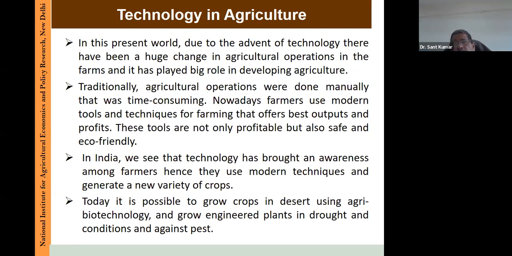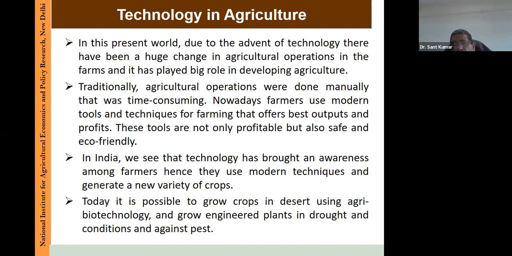In the present world, due to the advent of technology, there has been a huge change in agriculture operations at the farm, and it has played a big role in developing agriculture. Traditionally, the farmers were doing the agriculture operations, and it was time consuming.